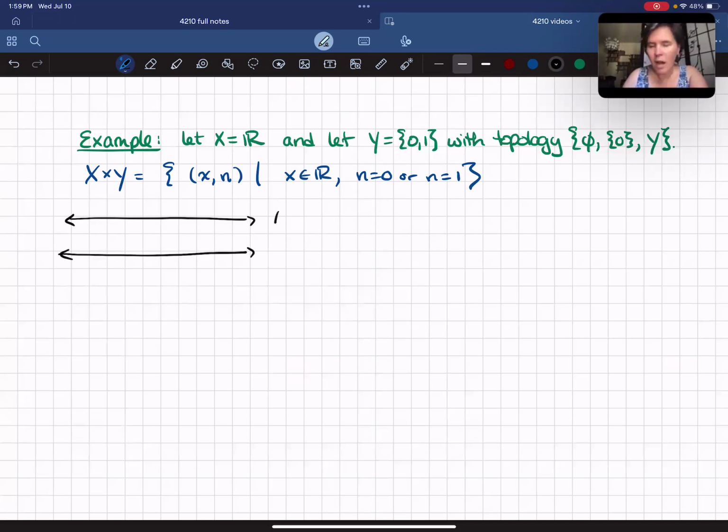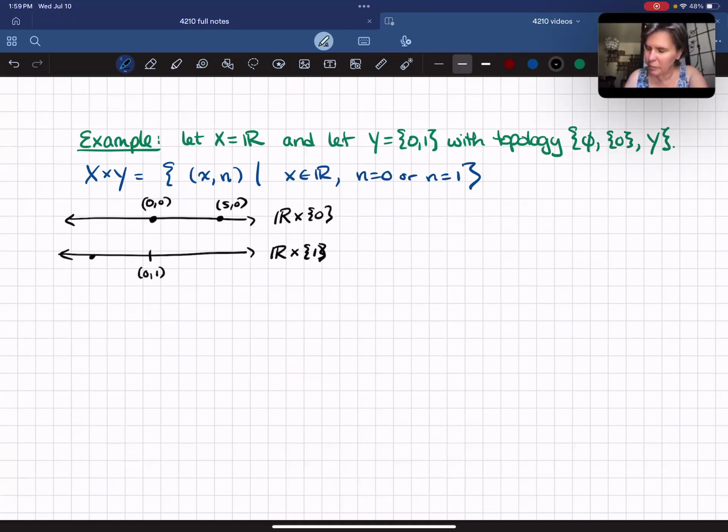And let's say the top one is R crossed with just 0, and the bottom one is R crossed with just 1. So a point on here, for example, would be the point (0, 0). This would be the point (0, 1). Over here would be the point (5, 0).